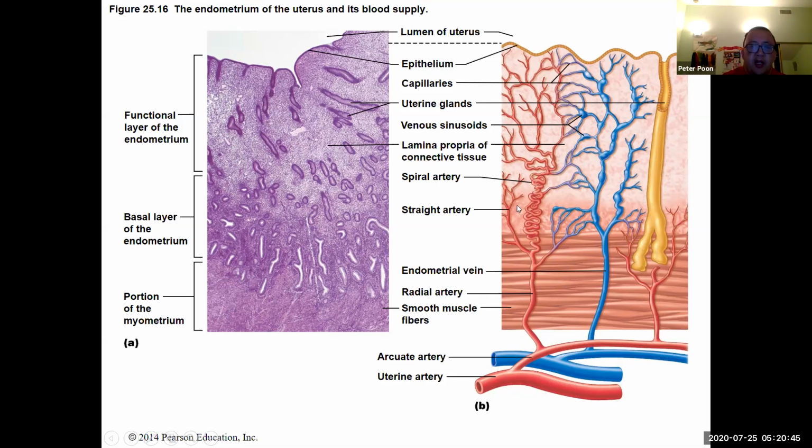The basal layer is always around, and it produces a new functional layer. If there is implantation, the embryo implants into the functional layer. If there is no implantation, you shed the functional layer, and the next month you grow a new functional layer from the basal layer.